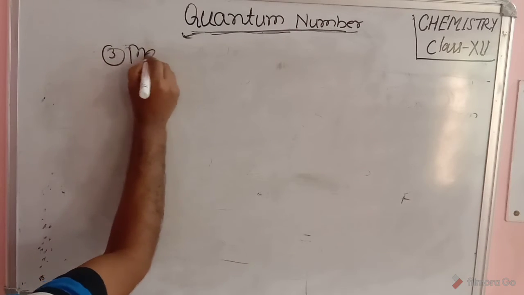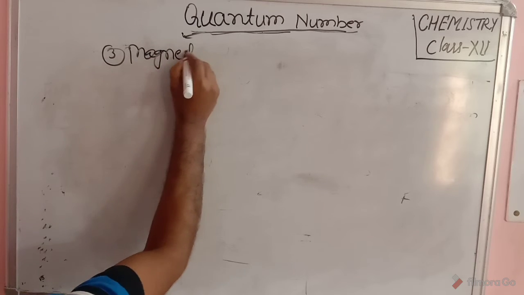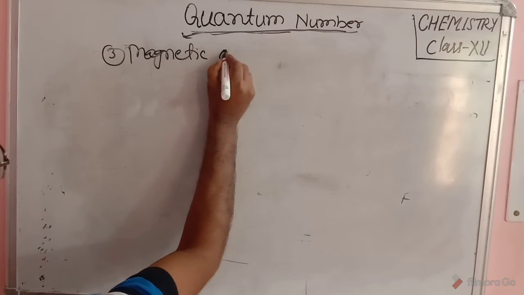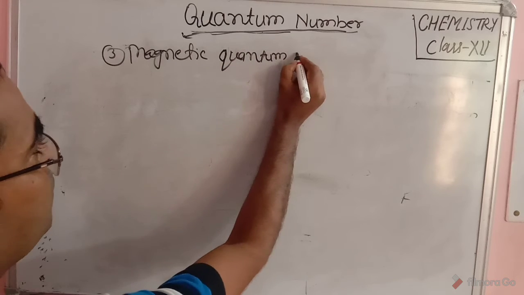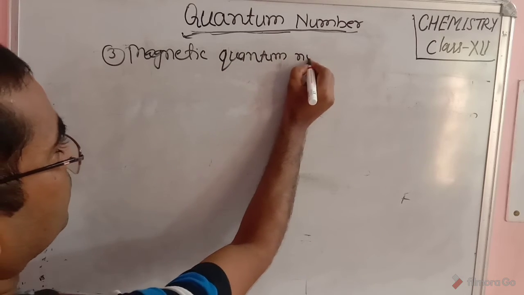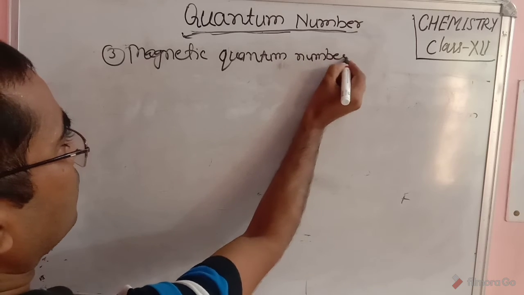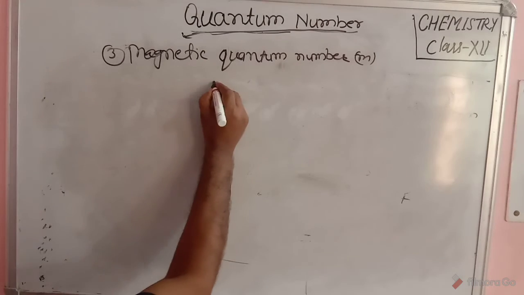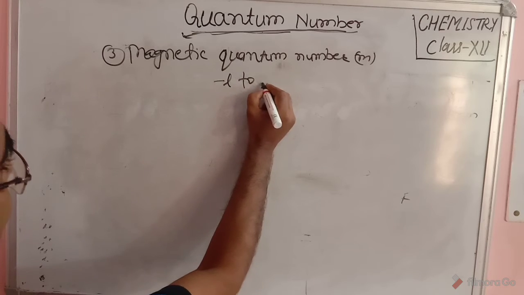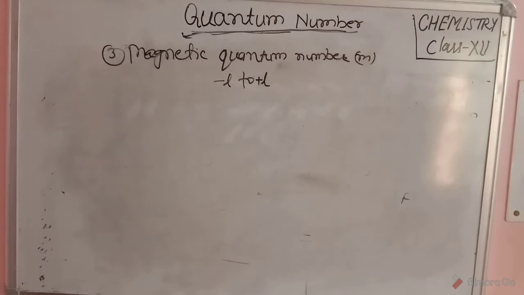Next, third is the magnetic quantum number. It is denoted by small m, and it can have all integral values from minus L to plus L, minus L to plus L through 0.